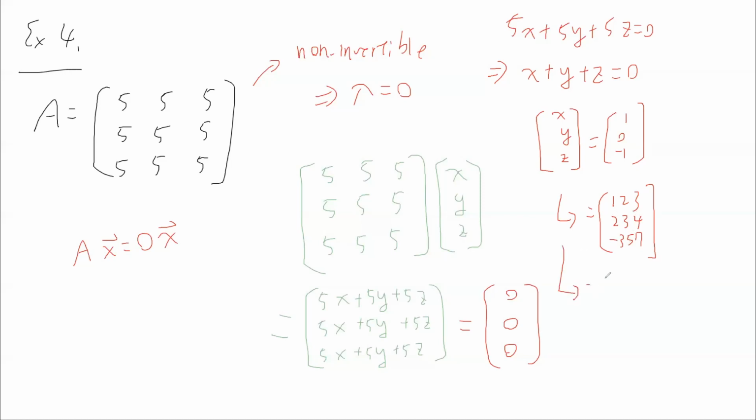Another nice one would be 1, 1, negative 2. When you add up the three entries, you get 0, which satisfies this condition. That means when you take any of these three vectors and multiply by the matrix A, you will get 0, 0, 0. So you can try a couple of different things. There is another eigenvalue for this matrix. Let's see if you can figure it out, and of course, the corresponding eigenvectors as well.